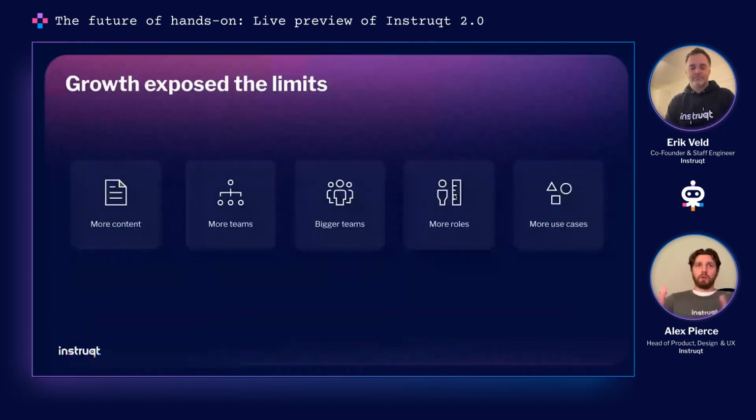Why does Instruqt 2.0 exist? Well, when Instruqt started, hands-on learning itself was still fairly new, right? Our early customers were highly technical. They were very comfortable working in code and command line workflows. But over time, hands-on learning itself has changed, as you can see from the slide above. It's attracted new use cases and new user roles. And as the industry has grown and we've grown and our customers have grown, more content has been built.